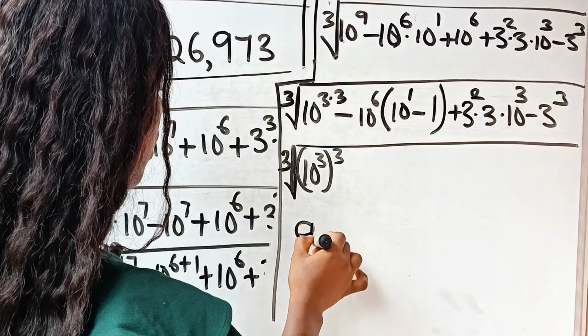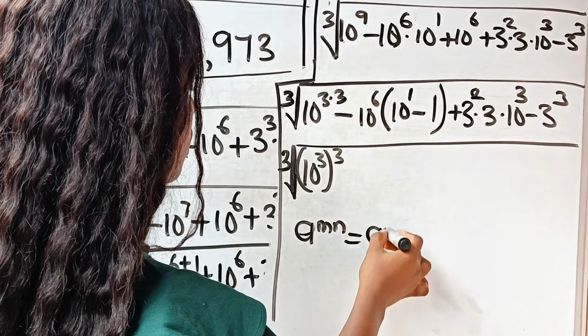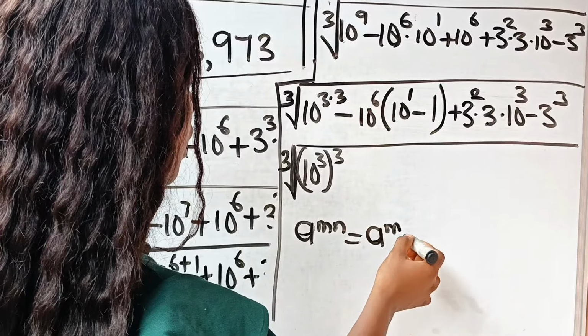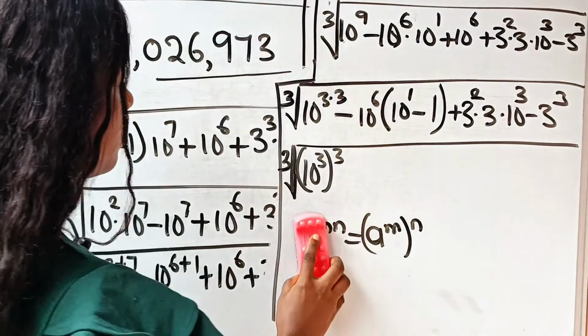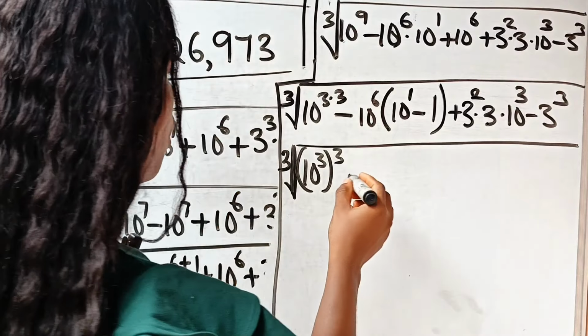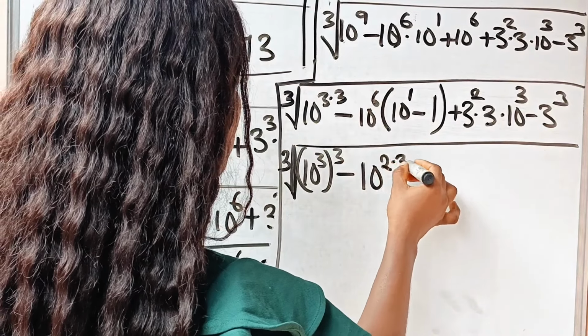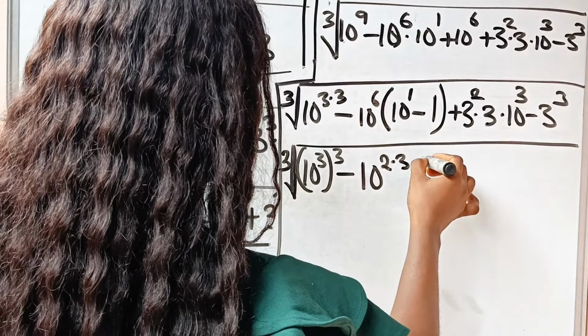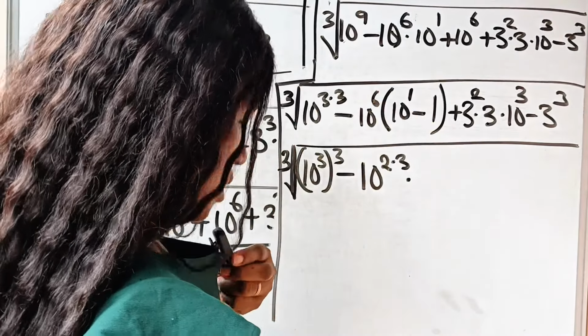Yes, remember the power rule that a to the power of m multiplied by n is equal to a to the power of m, then raised to the power of n. Now minus 10 to the power of 6 can be written as 10 to the power of 2 multiplied by 3 multiplied by 10 to the power of 1, that is 10 minus 1 is 9.